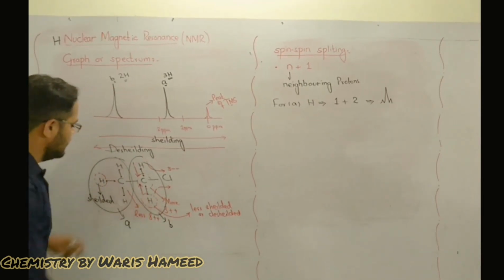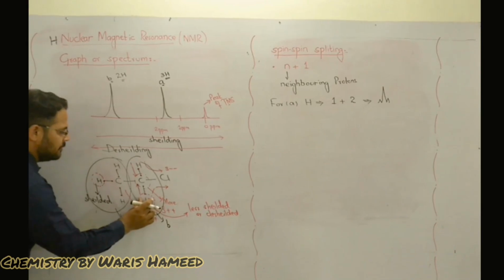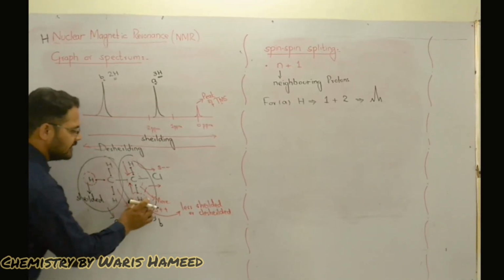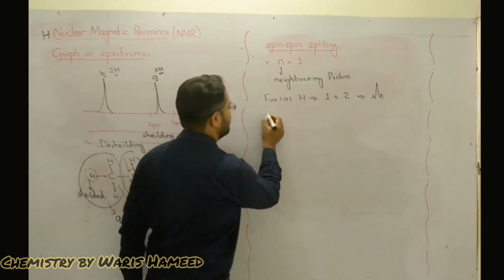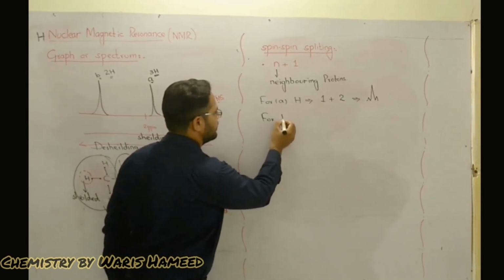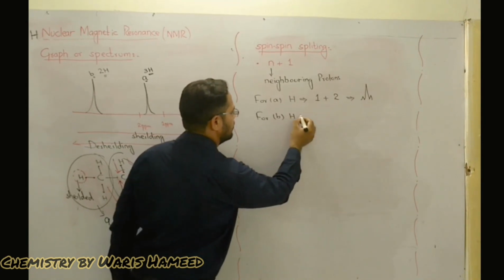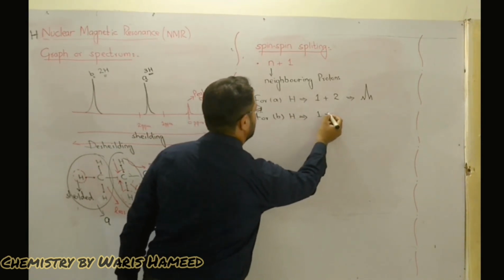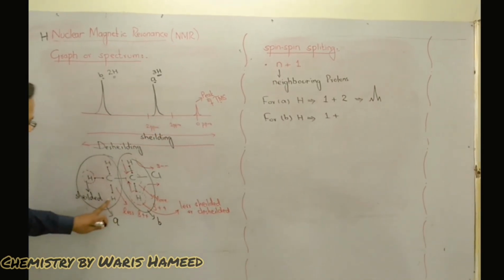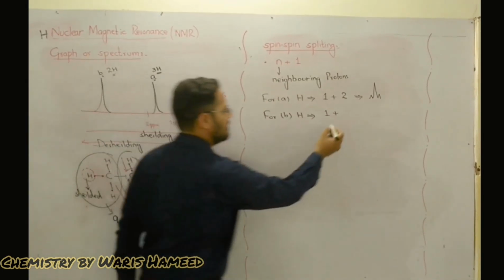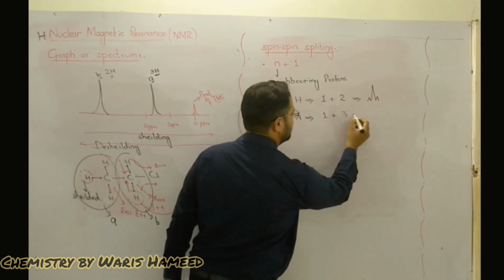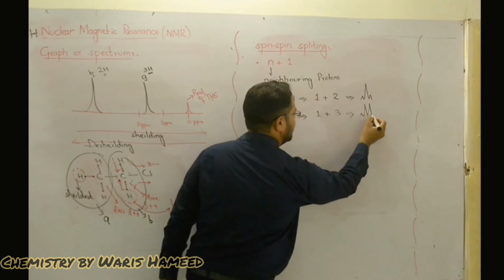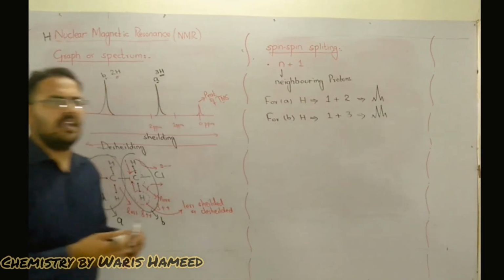And this B proton is being affected by these 3 protons, so for B proton it will be 1 plus 3. Then we can say that it will have the peak split into 4 segments.